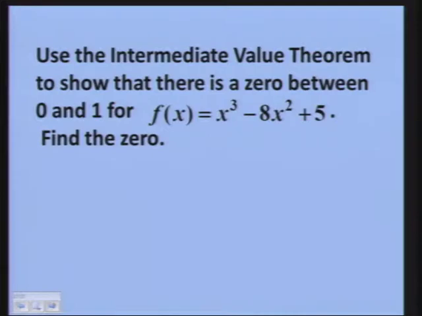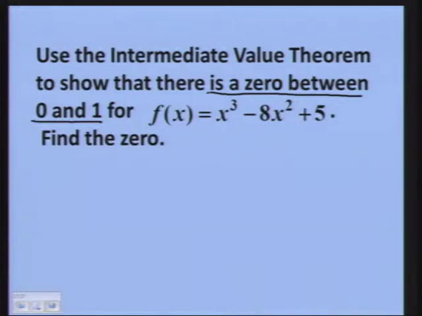What does it take according to the intermediate value theorem? Well, one y has to be positive and one y has to be negative. Now notice the way they talked here. A zero between 0 and 1. They're talking about x's because remember when we find a zero, we find the x where y is 0.